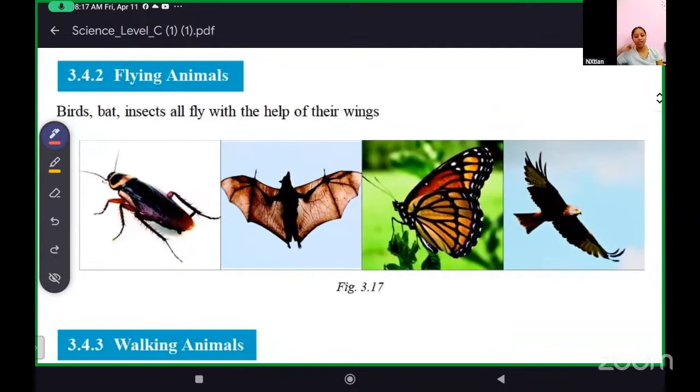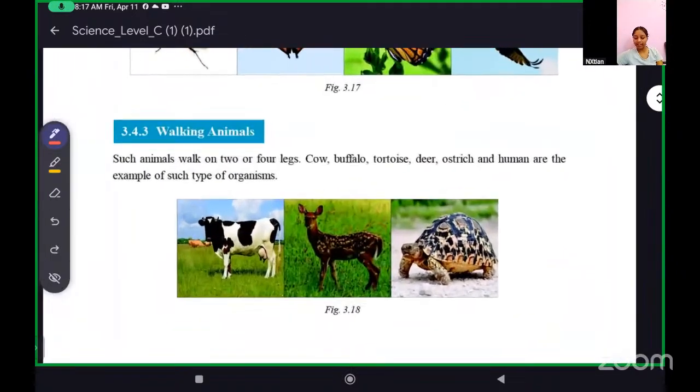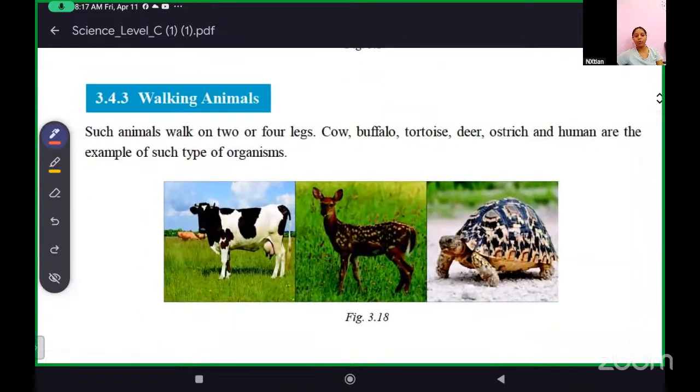Now, flying animals. We have animals such as birds, bats, insects, which can fly with the help of wings. Then we have walking animals who walk on their legs. Okay, they're 2 or 4 legs. 2 legs are humans.